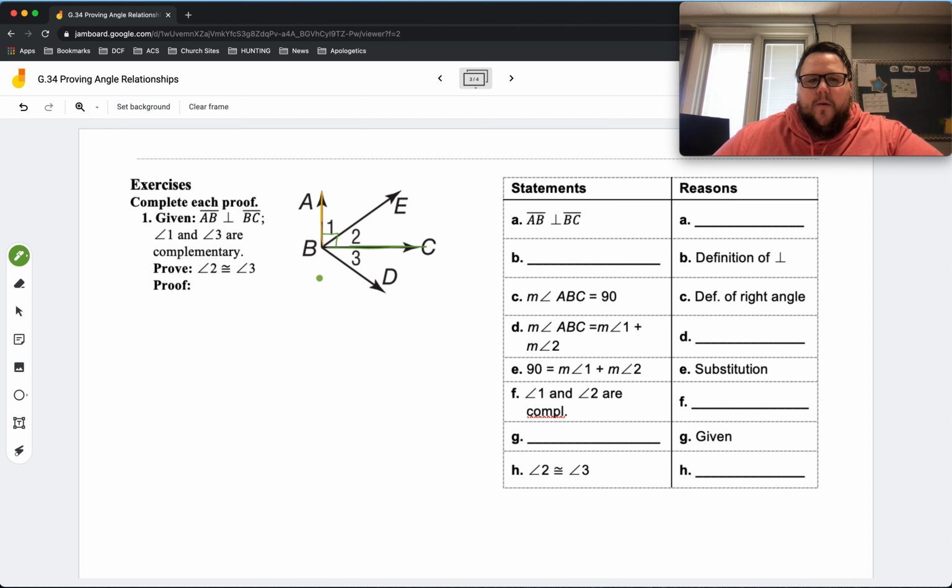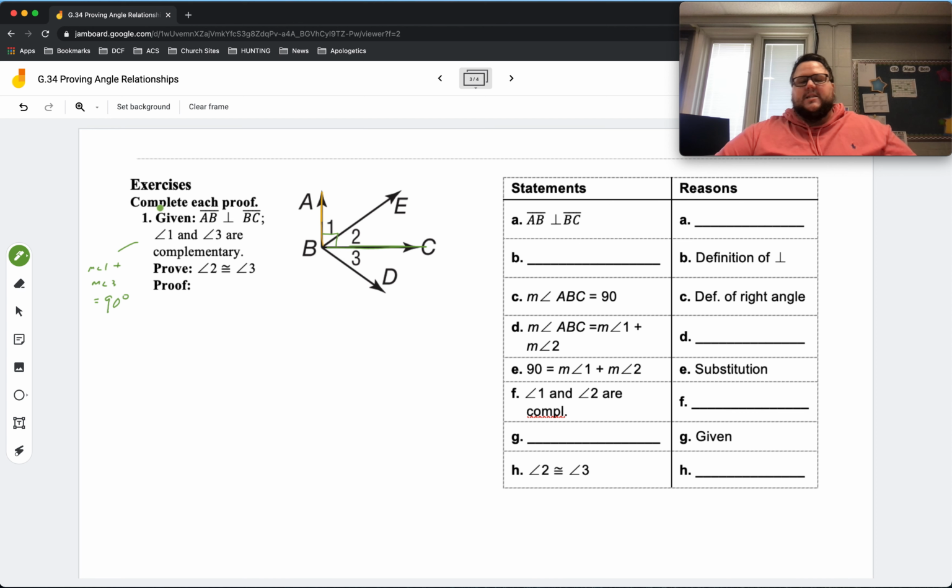Right off the bat, we know that's a 90-degree angle because of the definition of perpendicular lines. Angle 1 and angle 3 are complementary. So what is that saying? That's saying the measure of angle 1 plus the measure of angle 3 also equals 90 degrees.